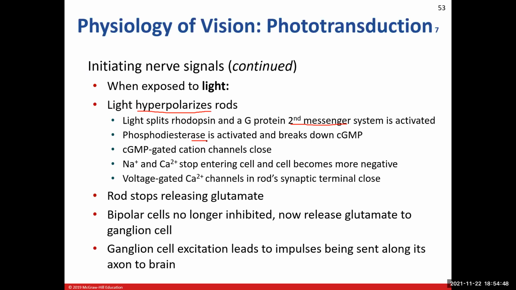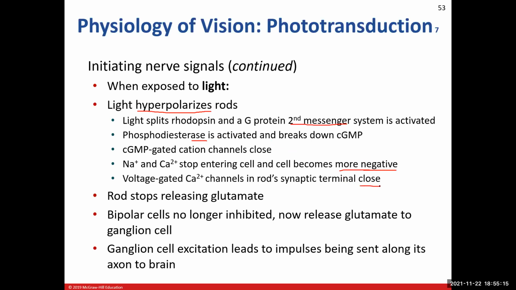We're no longer going to be depolarizing the cell because sodium and calcium can't enter into the cell. We're not making the inside of the cell more positive. Now we're making it more negative. Because of that, those voltage-gated calcium channels close.